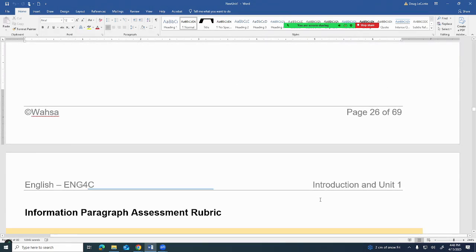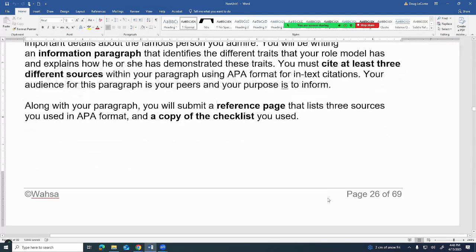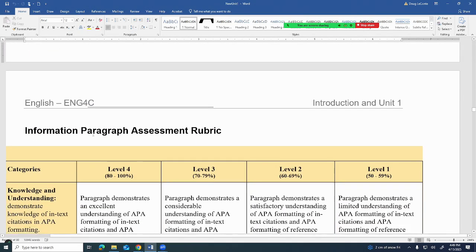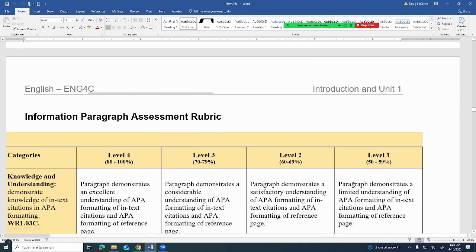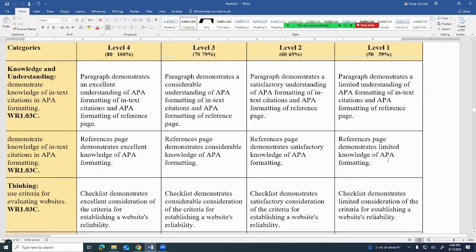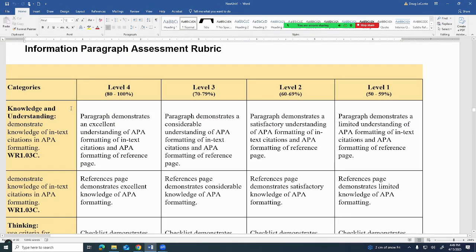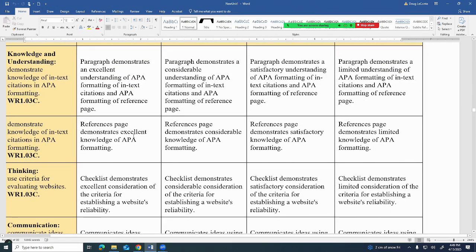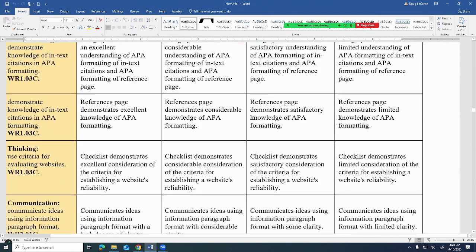All right. So on page 27 is the assessment rubric. Have a look at level four. That's what you want to achieve. You need to demonstrate an excellent understanding of APA formatting, and the reference page must demonstrate that as well.